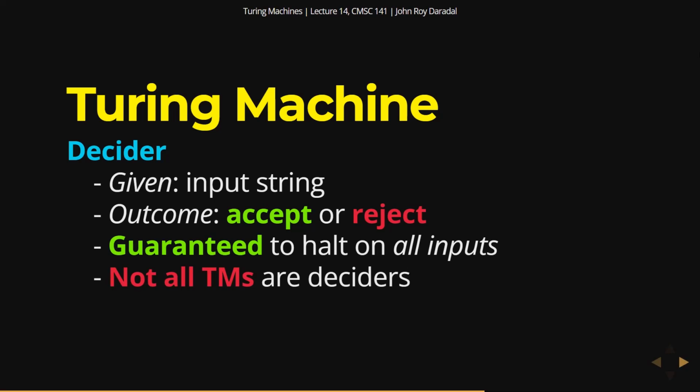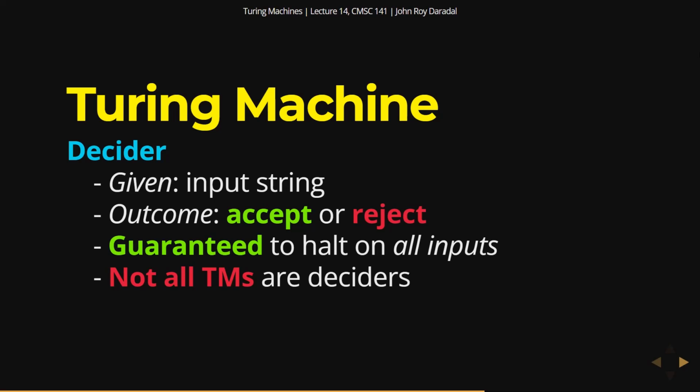However, in general, not all Turing machines are deciders. All Turing machines are recognizers, but not all Turing machines are deciders. So not all Turing machines are guaranteed to halt on all inputs. Okay, they may halt or they may stop on some inputs. They may stop on most inputs. But if we are talking about guaranteeing it for all inputs, that's not true for all Turing machines.